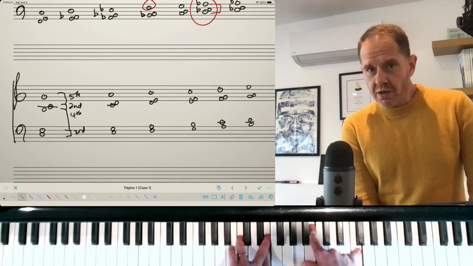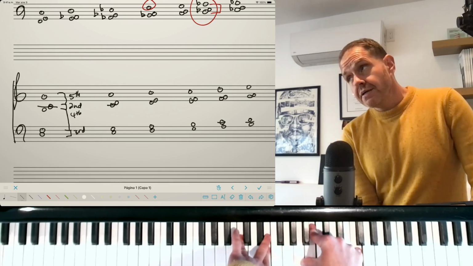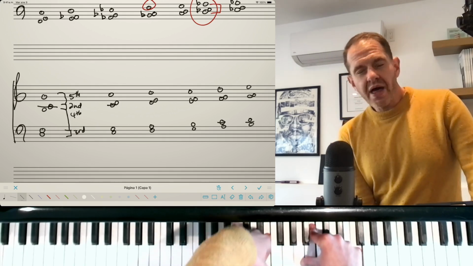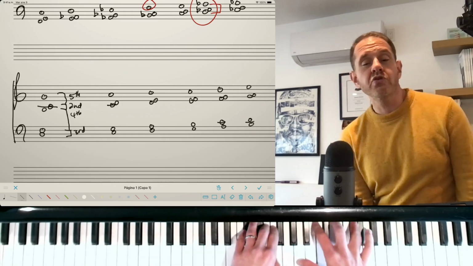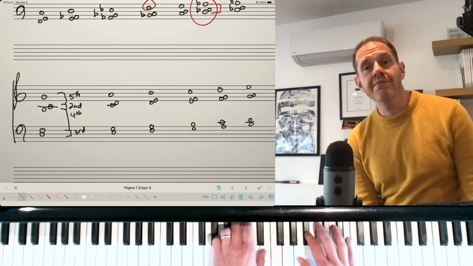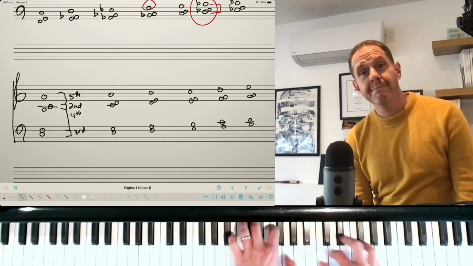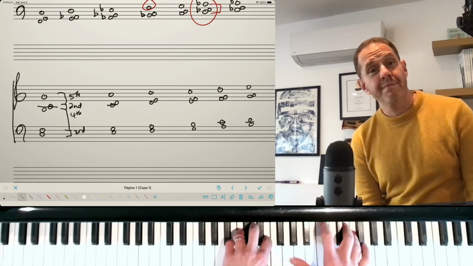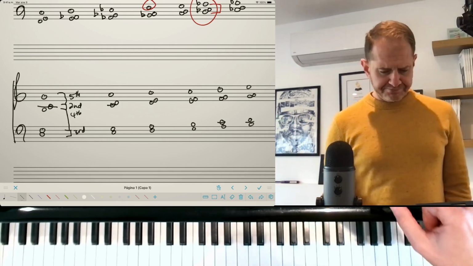And some of these modal voicings are going to sound nicer than others. But that doesn't mean they're not usable. That just means you might not want to rest on them. It means you might want to pass through them or use them as a neighbor. So it's usable, just maybe not as a resting place.